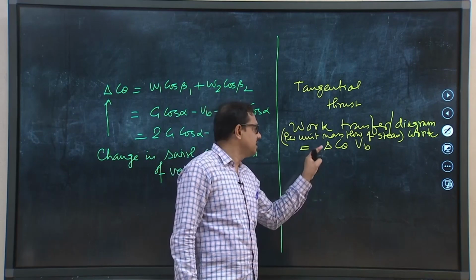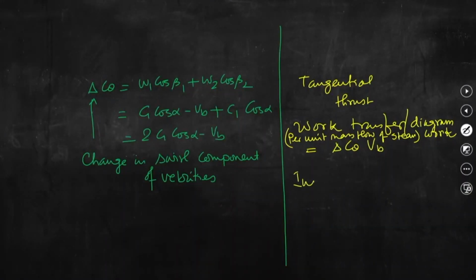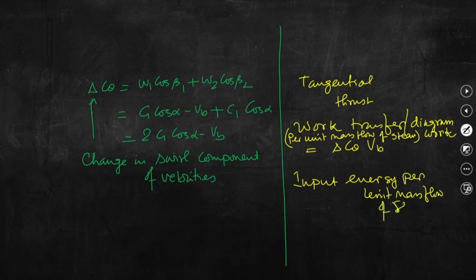We need to know the input energy per unit mass flow of steam, which would be equal to C 1 square by 2 plus, that is very important, W 2 square minus W 1 square by 2. This is the input energy per unit mass of steam, right.